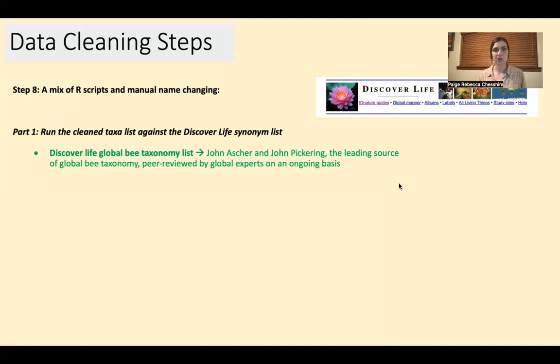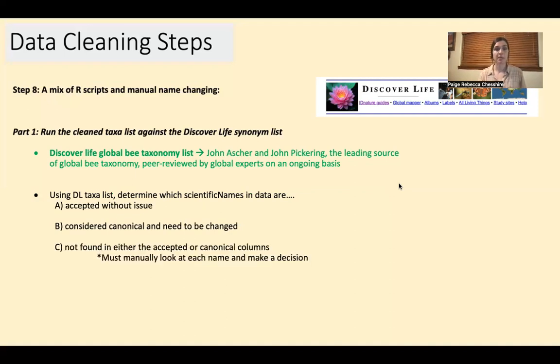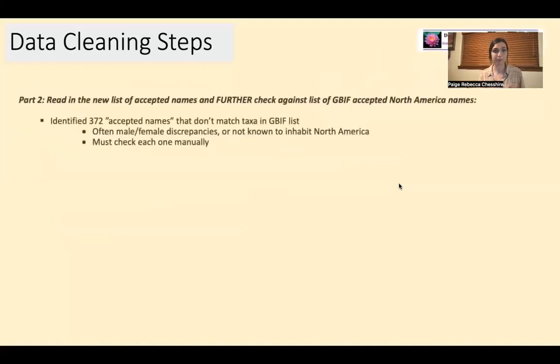They are the leading source of global bee taxonomy, and this list is peer reviewed by global experts on an ongoing basis. So using this Discover Life taxa list, we determined which scientific names in our list of names were accepted already, which ones were considered canonical and needed to be changed, which ones were not found in either the accepted or canonical columns. And then we had to output those names and make manual decisions on what to do with each one.